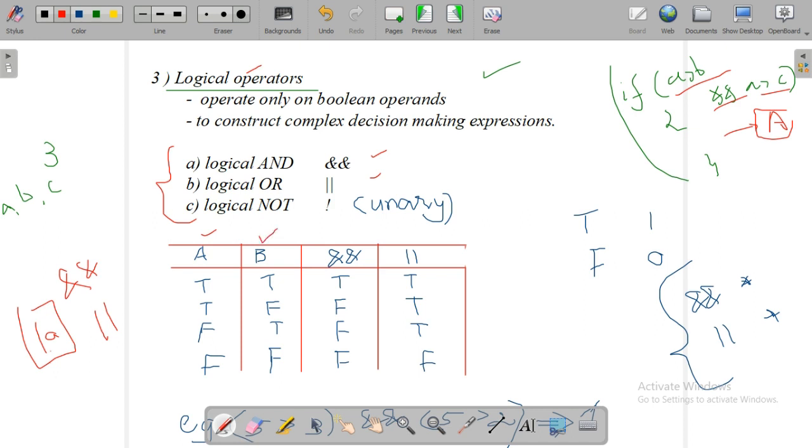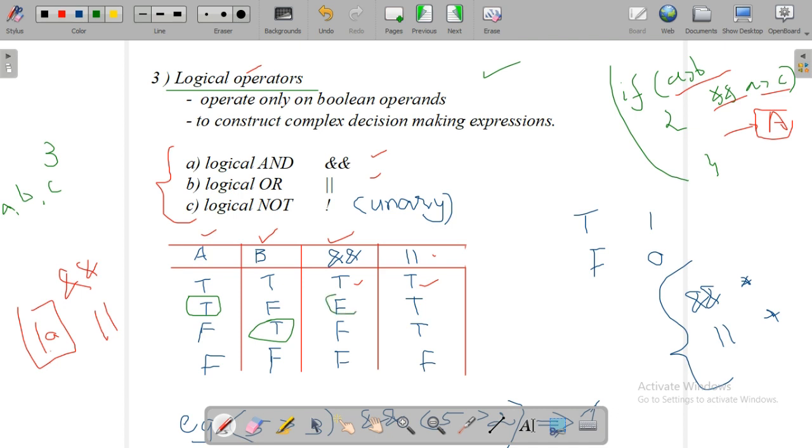Next, there is a tabular column, that is, a truth table. Consider A and B as 2 inputs we are giving. If A and B are both true, logical AND will return true, and logical OR also returns true.